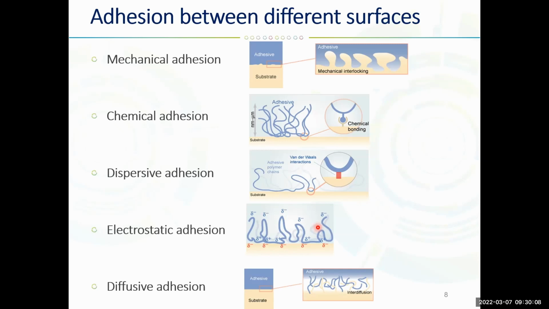And lastly, if your tip or substrate is made up of polymer-like molecules, it is possible that those polymer-like molecules could be entangled to produce a diffusion contribution to adhesion, which is called diffusive adhesion.